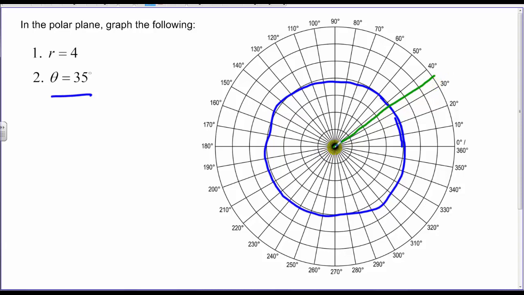Now if I continue in this other direction, I'll continue to have angle values of 35 degrees. My r values will be negative, which means that I take and add 180 degrees onto that, and I'll still have an angle value of 35 degrees all the way through.